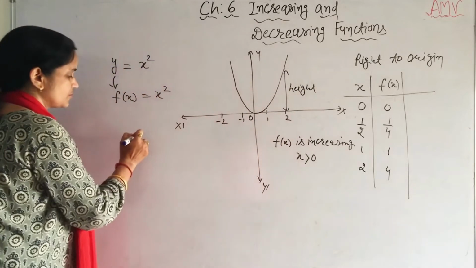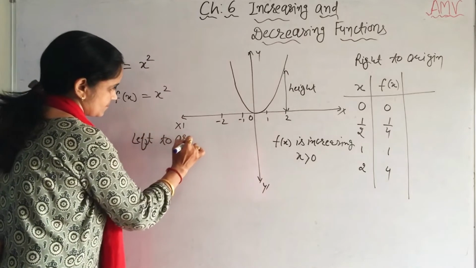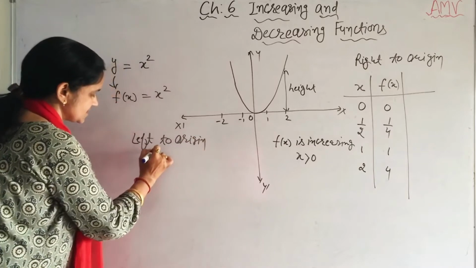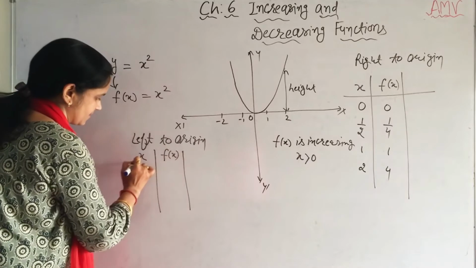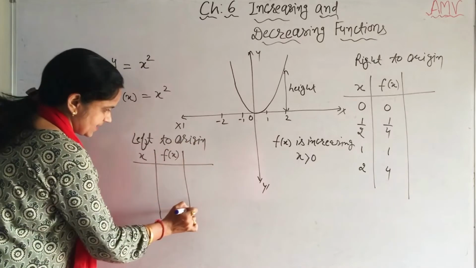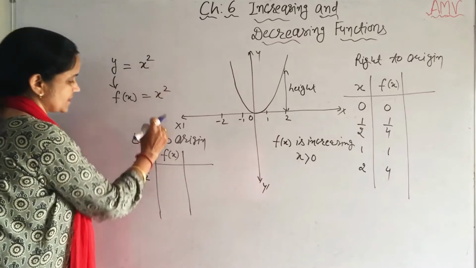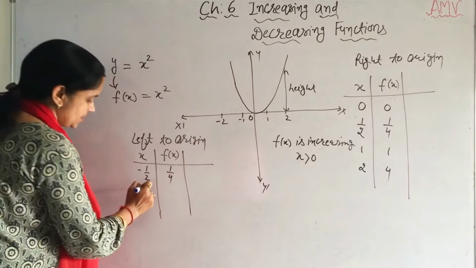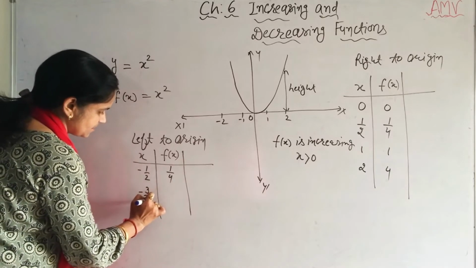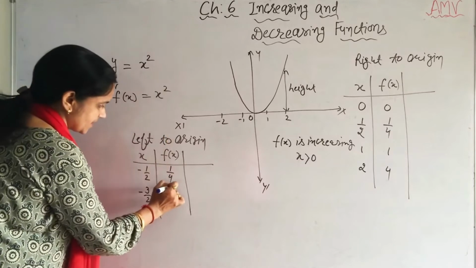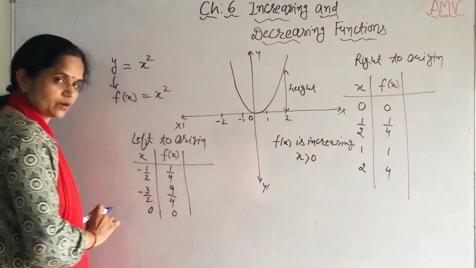Now left of the origin. First take some values, x and here f(x). Let x be minus 1 by 2, then f(x) is 1 by 4. If you take x as minus 3 by 2, it would be 9 by 4. If x is 0, f(x) is also 0.